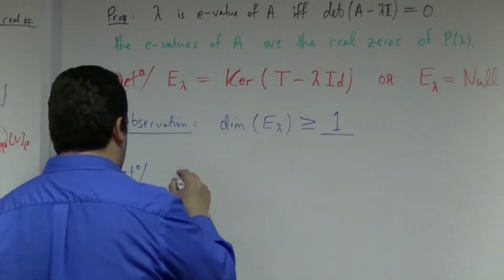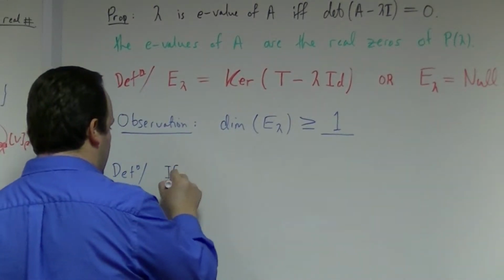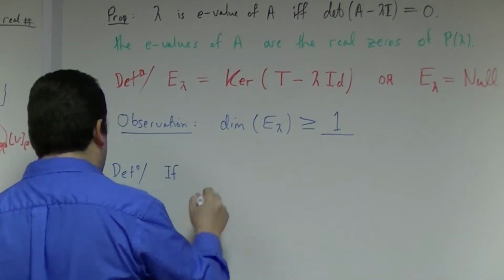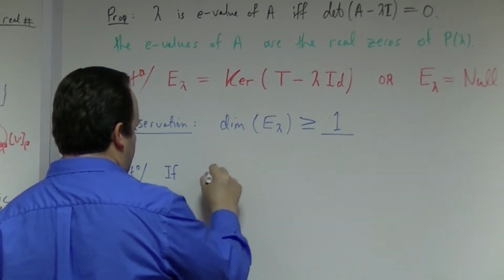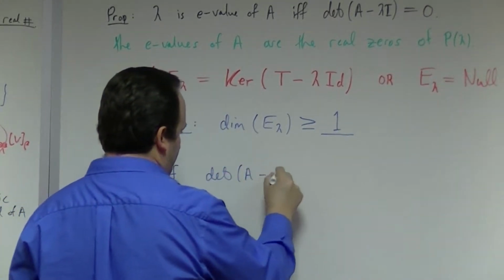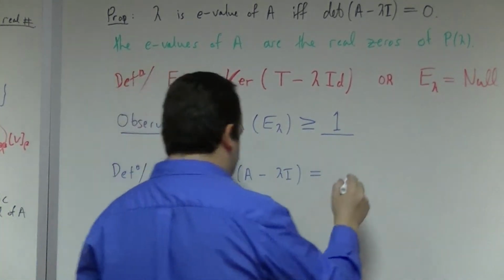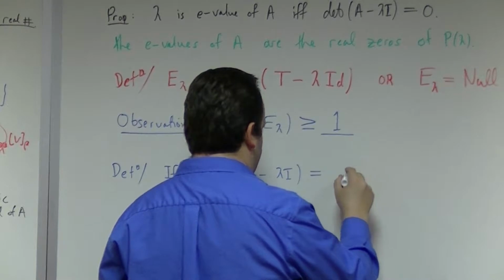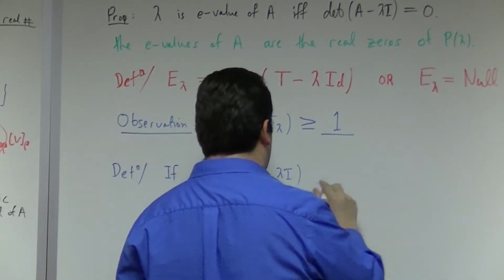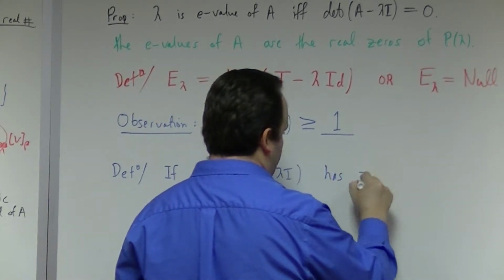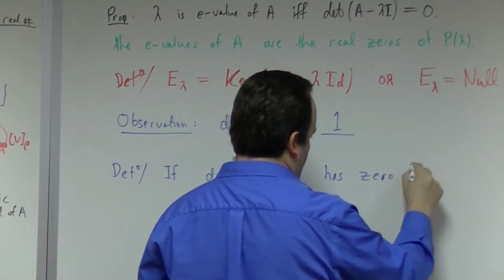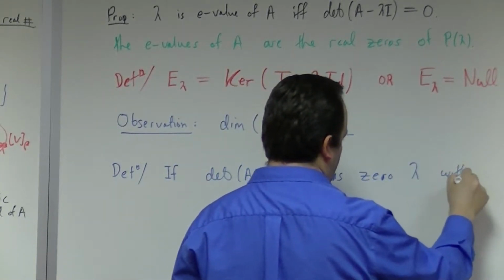So if the determinant of A minus lambda I is equal to, let's see here, has 0 lambda with multiplicity.